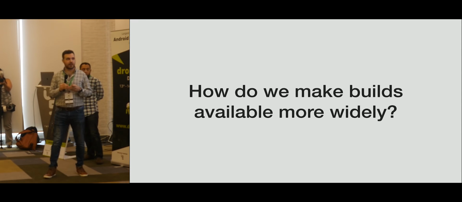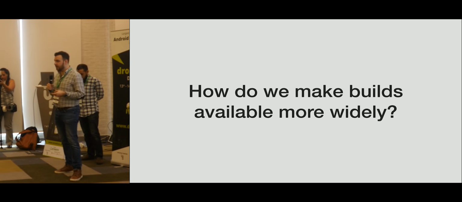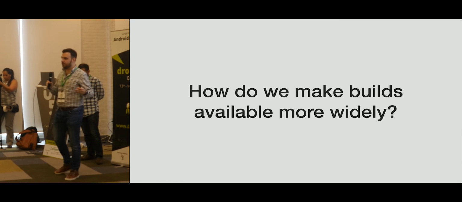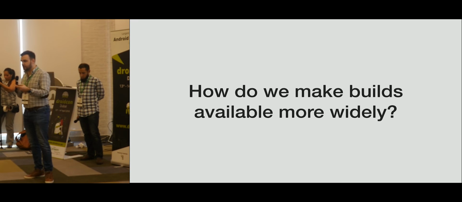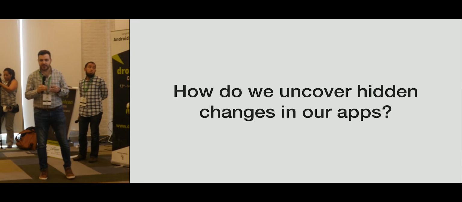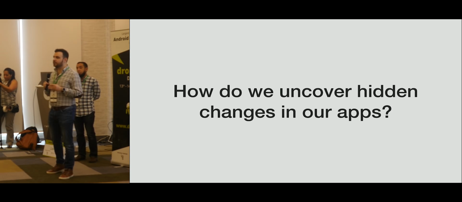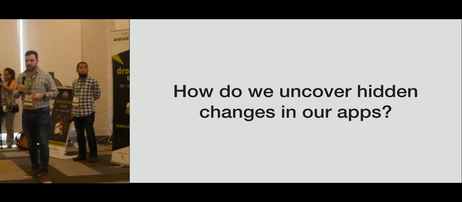And how can we make our builds available more widely and quickly to QA, our colleagues in the organization, or customers? And finally, how can we uncover some hidden changes that even with your regular code reviews, people tend to miss because they're hidden?